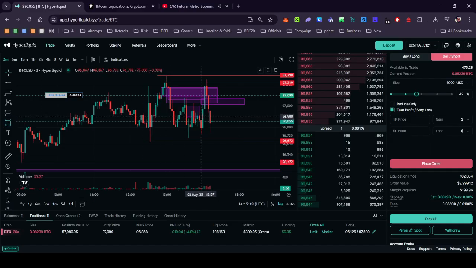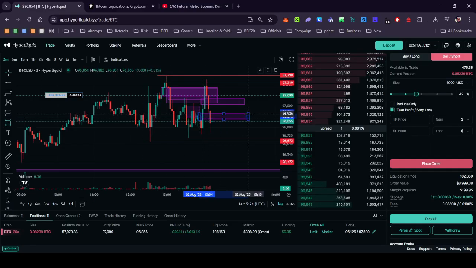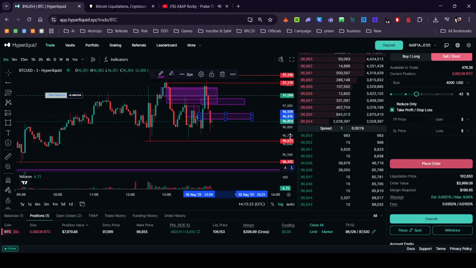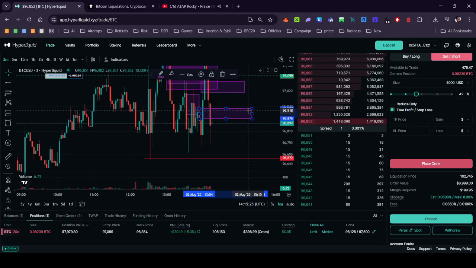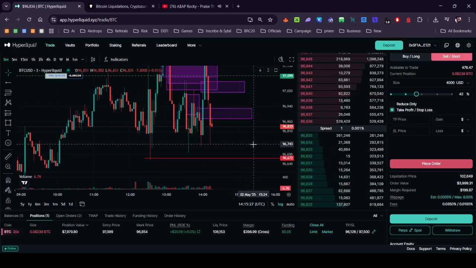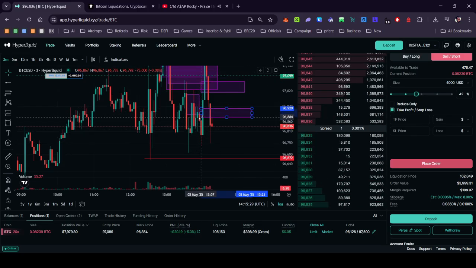So if we want to stay bearish, we want the fair value gap currently being created to stay on the 3 minute charts.